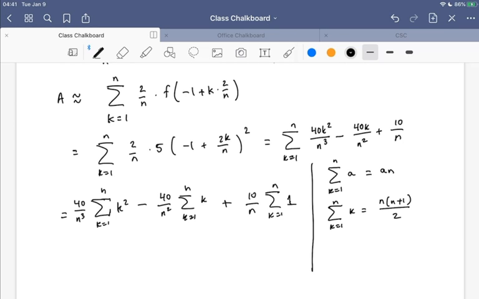Right, so we had that formula, and then the k squared one turned out to be n times n plus 1 times 2n plus 1 all over 6. That one's a little harder to prove. Why it's that, you guys can just take my word for it for the sake of this.